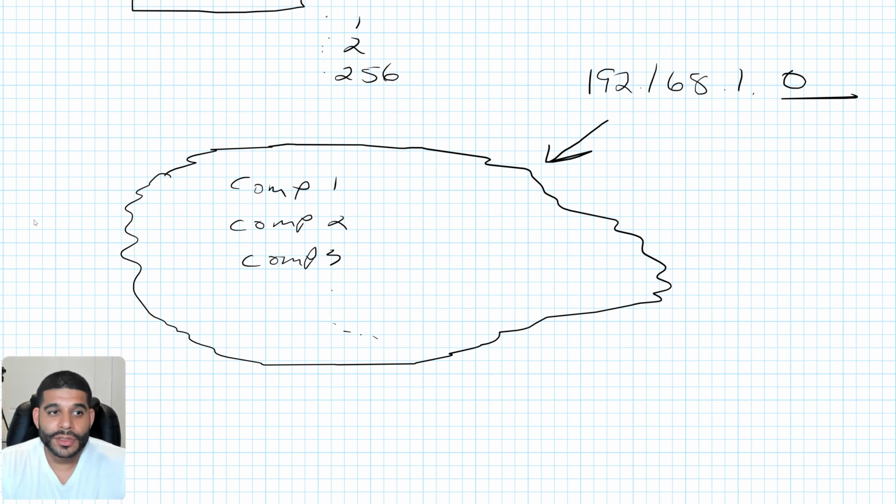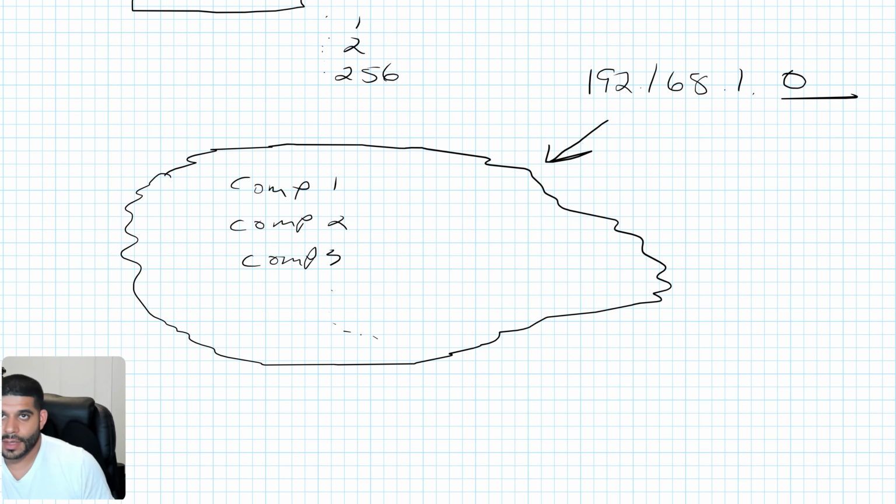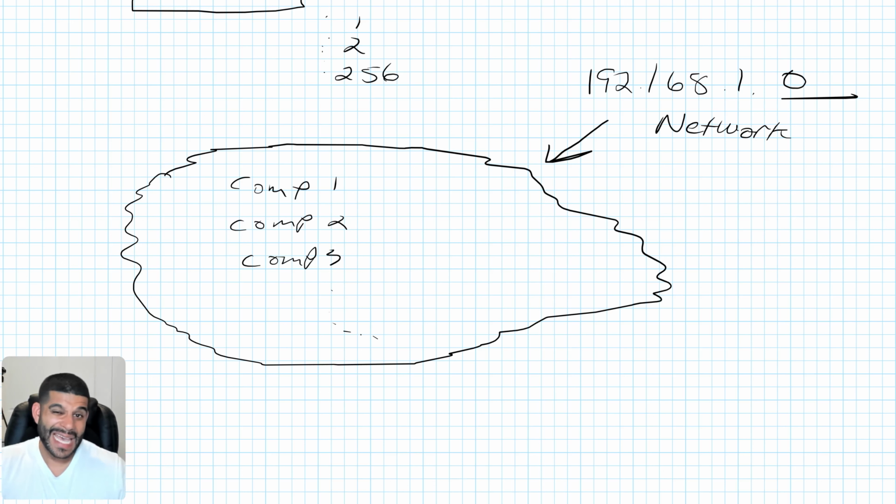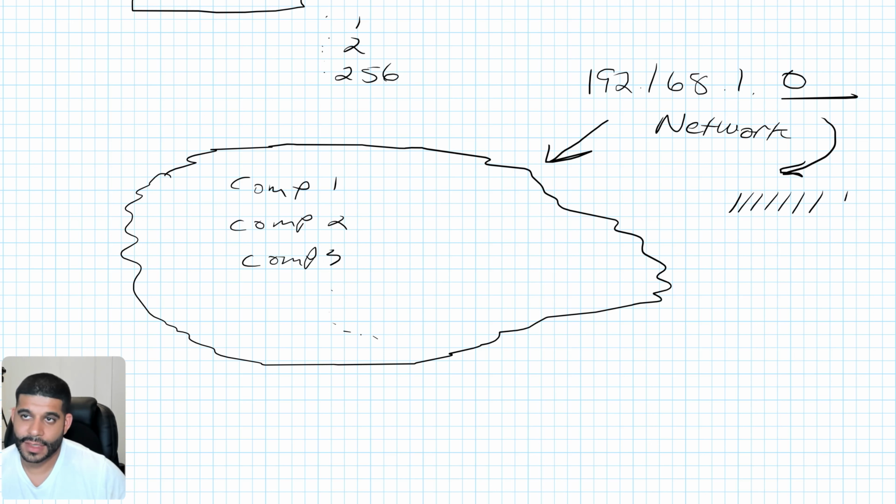Now the other one that you're going to lose, and this one is interesting, is called the broadcast address. I'll put network here because, again, if you translate your binary zeros, all 8 of them, into zeros, that of course gives you that 0 that I talked about up there. Now, if we were to take the last octet and do 8 ones, what does that turn into?